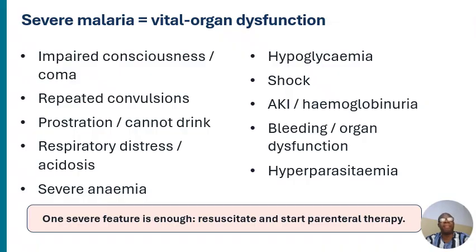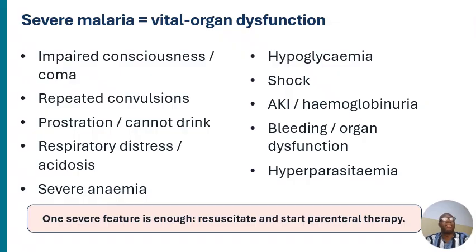Severe malaria is defined by vital organ dysfunction, not by how high the fever is. On the left are neurological and respiratory features that characterize severe malaria, and these include impaired consciousness or coma, repeated convulsions, prostration or inability to drink, respiratory distress or acidosis, and severe anemia.